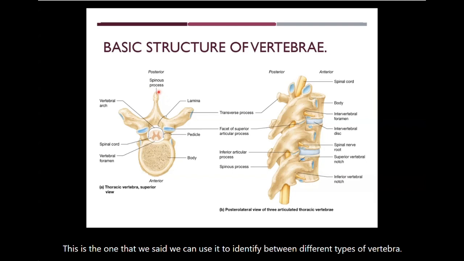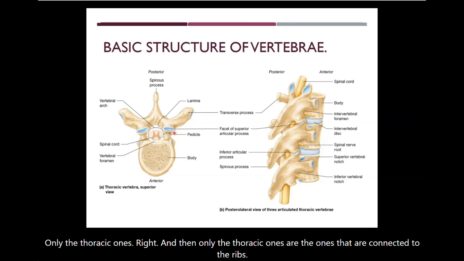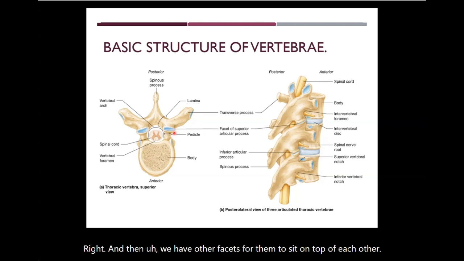This is the one we said we can use to identify between different types of vertebra. And what about the sides here? Transverse process. Those are the ones that have a facet that will articulate with the ribs, right? Only the thoracic ones are connected to the ribs, right? And then we have other facets for them to sit on top of each other, right?